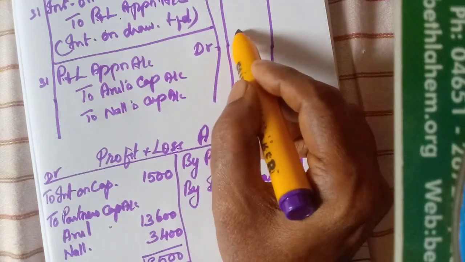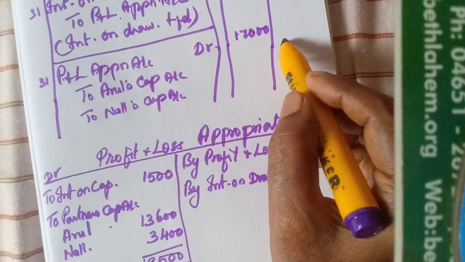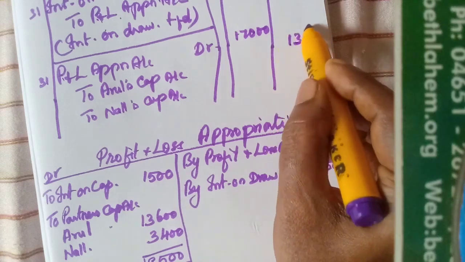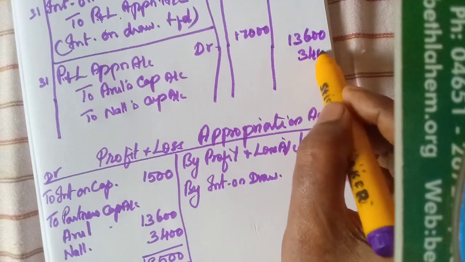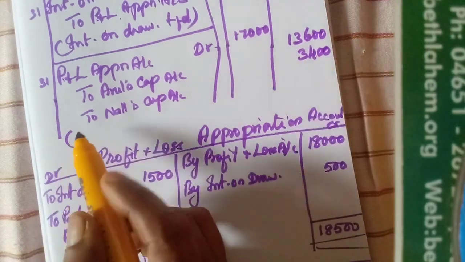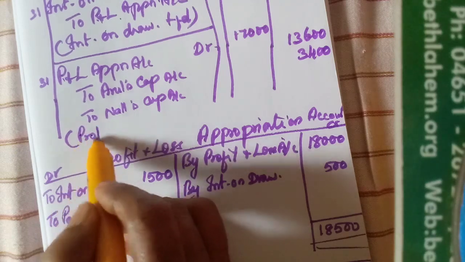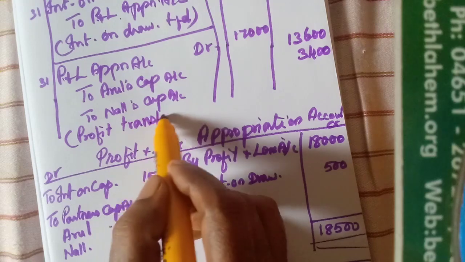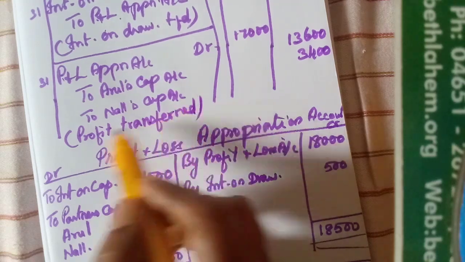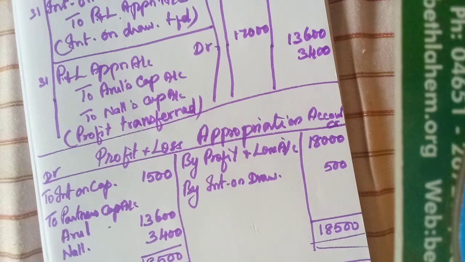Amount here 17,000. Arulappan's 13,600, Nallasamy 3,400. Profit transferred. Okay, now the journal entry is completed, the account completed.